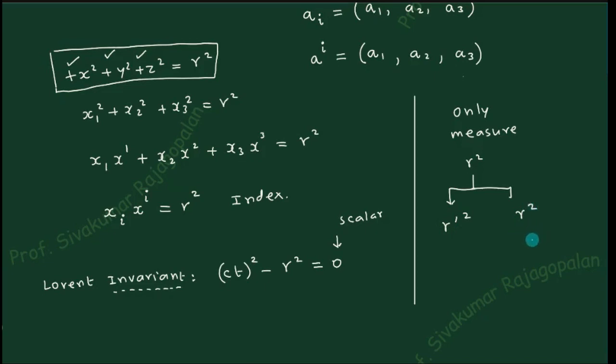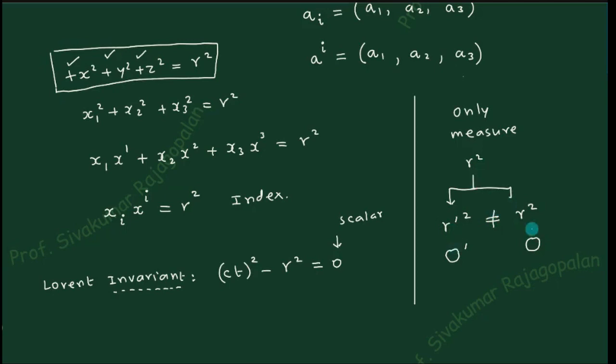Let us say this is the usual notation, right? The person sitting in the frame of reference capital O, and another person sitting in a frame of reference which is moving, O prime. Then only primes come into the picture. So one fellow will measure r square, another fellow will measure r prime square, and they are not equal. Therefore, the quantity r square is not at all Lorentz invariant.